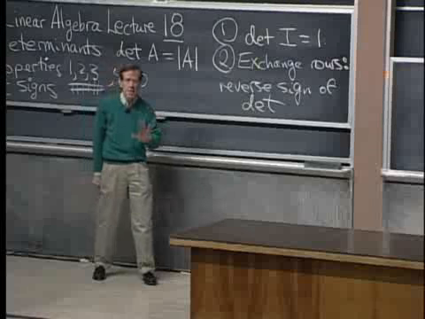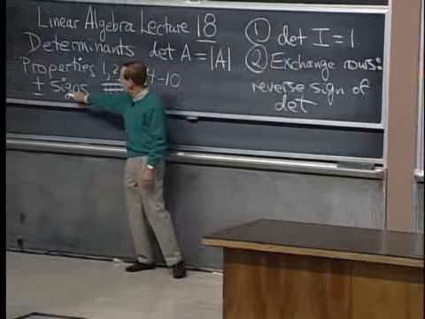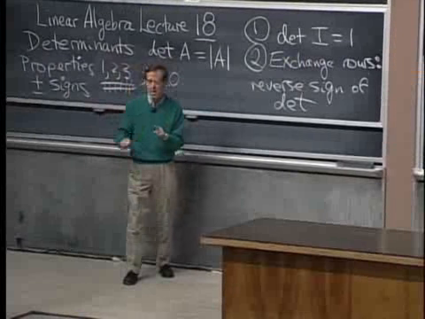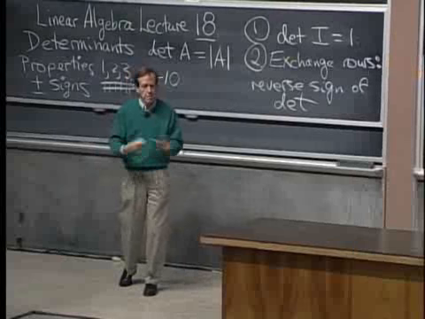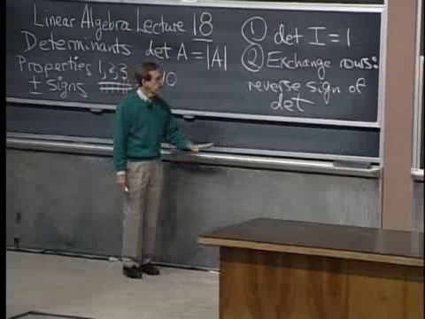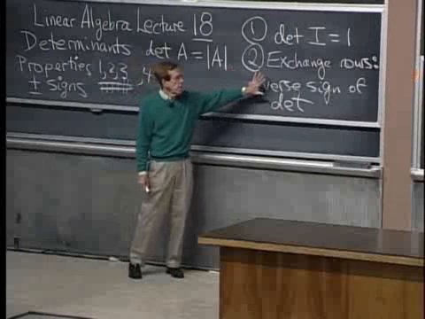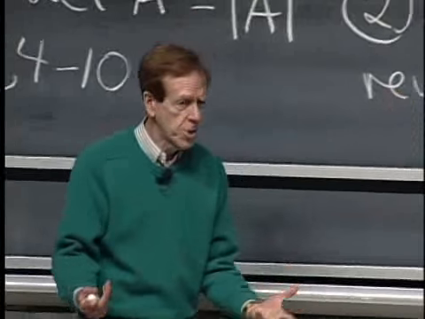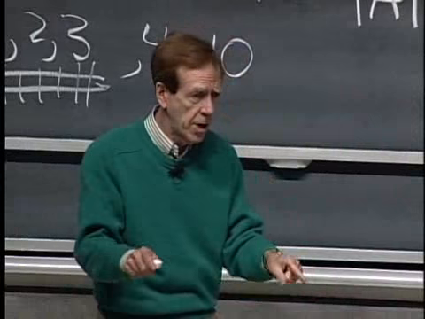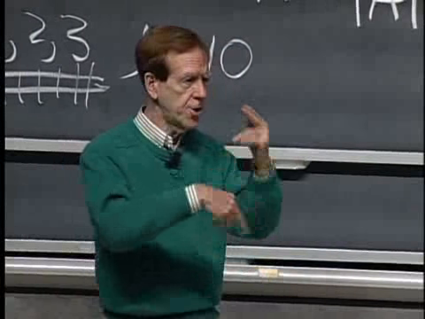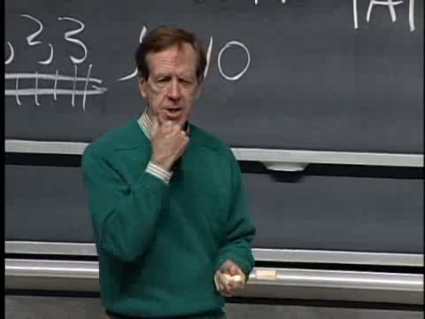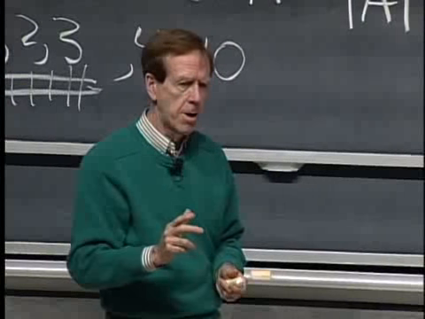A lot of plus and minus signs. I even wrote plus and minus signs here, because that's what you have to pay attention to in the formulas and properties of determinants. So that you see what I mean by a property here. I haven't yet told you what the determinant is, but whatever it is, if I exchange two rows to get a different matrix, that reverses the sign of the determinant.